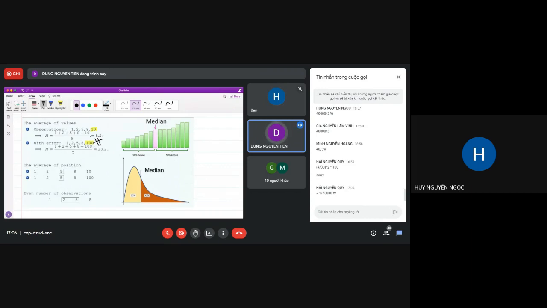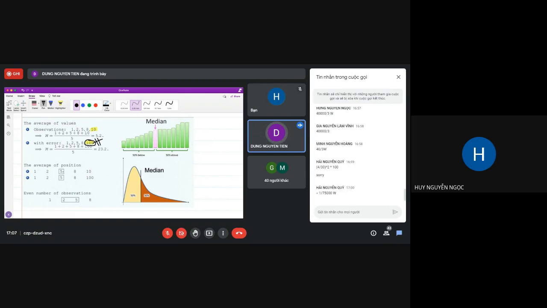Now we have a problem here. It is very easy to get a typo like this. This value 100 is a strange value, right? And how can you get the center that is not heavily influenced by these strange values? Then we can come up with the average position. I arrange the numbers in increasing order, 1, 2, 5, 8, 10.